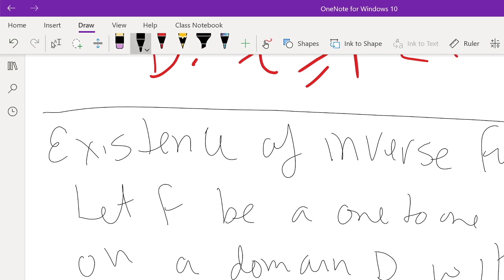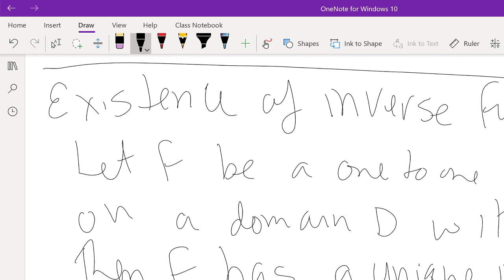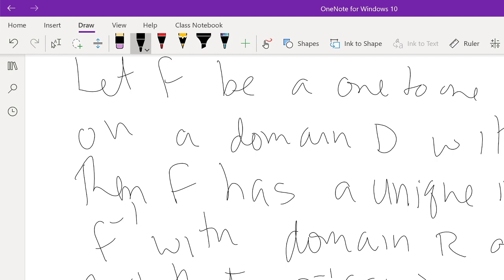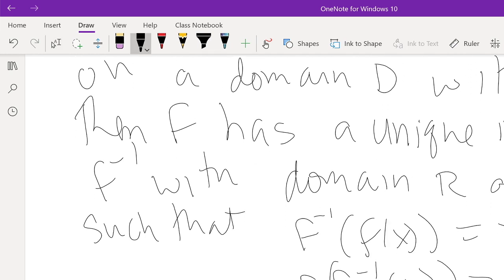Then f has a unique inverse, so there is only one inverse. f inverse with domain R and range D. So again, we flip around the domain and the range, such that f inverse of y is equal to x, where x is an element of the set D and y is an element of the set R. All right.